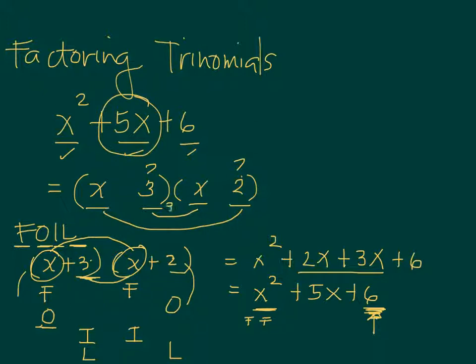This is 3x and this is 2x. If you add them, it will give you 5x. So that means the factors should be x plus 3 and x plus 2. Okay? So let me show you another example to understand the idea.